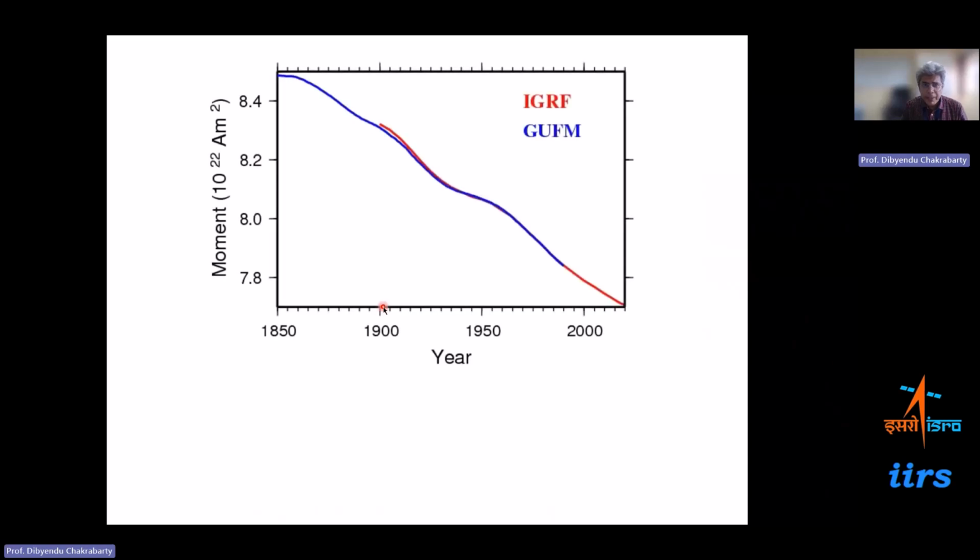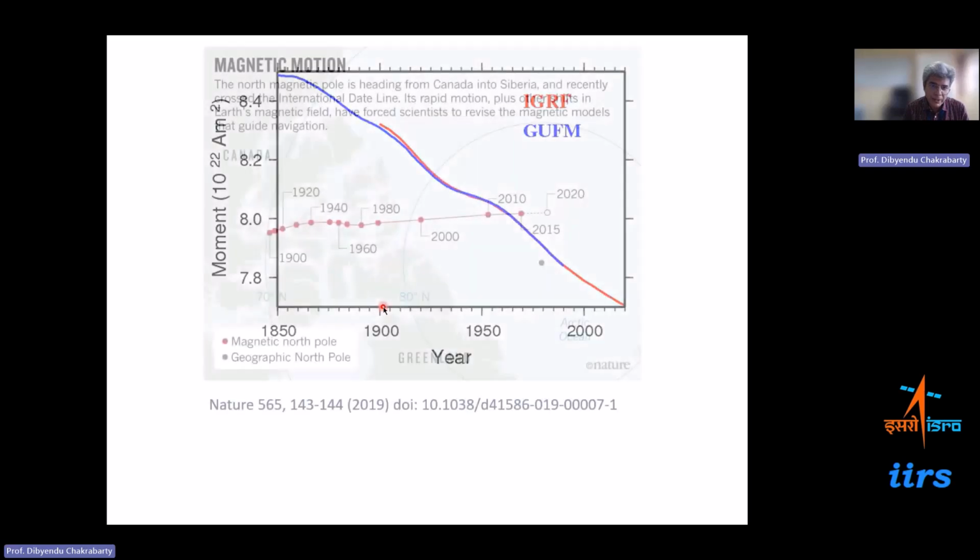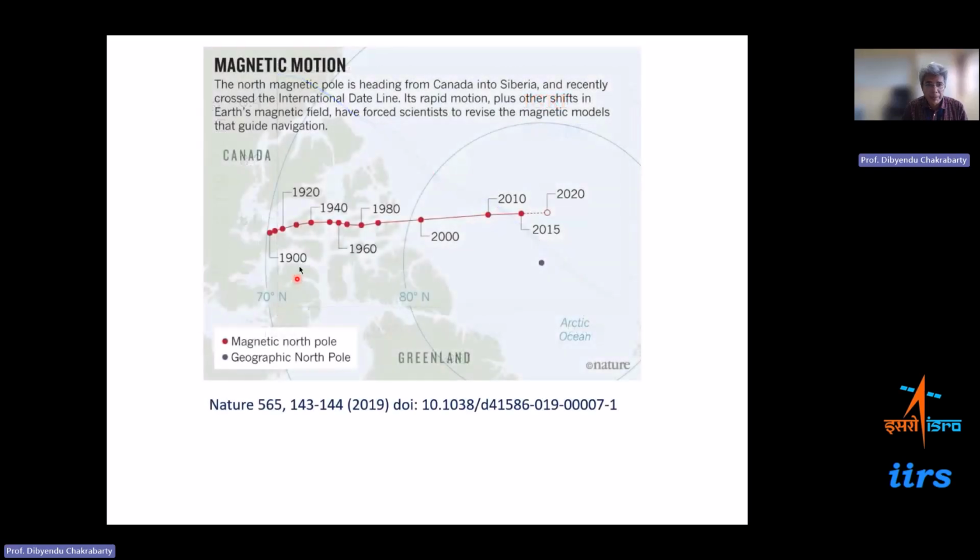And therefore, the magnetic field is very important, and research shows, from a model estimate, that the magnetic moment of the Earth is decreasing over a period of time. Not only is it decreasing, but the magnetic pole on the northern side is actually moving from the Canadian side to the Siberian side.